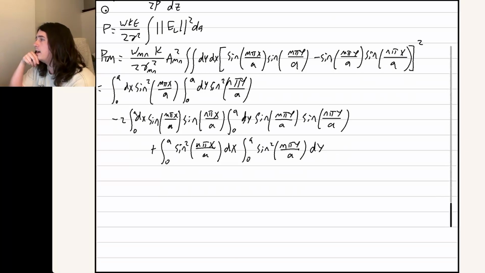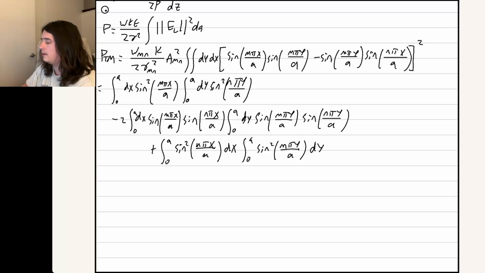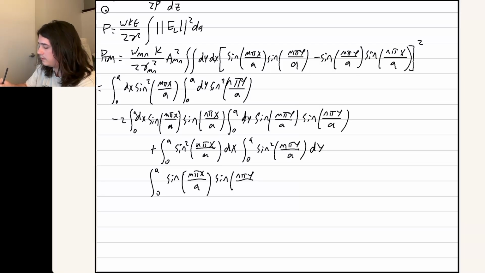And I'm going to use a little bit of a table integral. That is that the integral from 0 to a of sine m pi x over a sine n pi x over a dx is equal to a over 2 times the Kronecker delta mn.